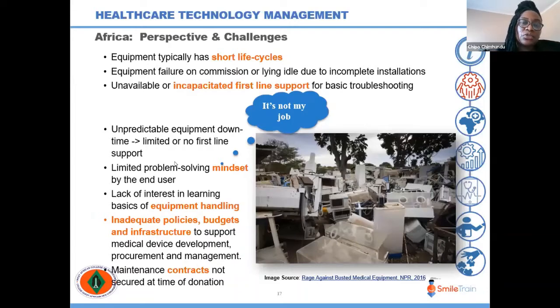It tends to then be dumped, and we have incapacitated first-line support staff. These are largely our technicians who are meant to keep our equipment running. There is limited first-line support, and also a general lack of a problem-solving mindset.